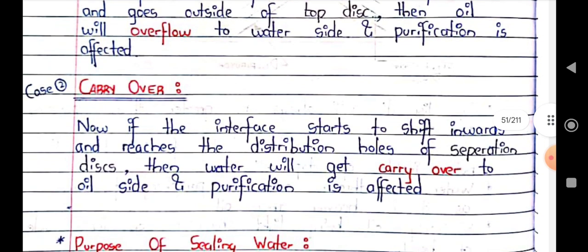And the opposite, carryover: if the interface starts to shift inwards and reaches the distribution holes of the separation disc, then water will carry over to the oil side and purification will be affected.